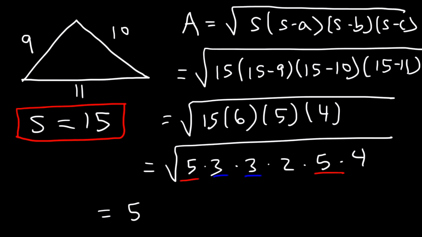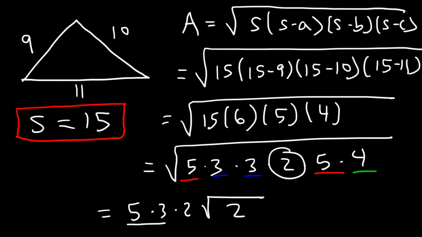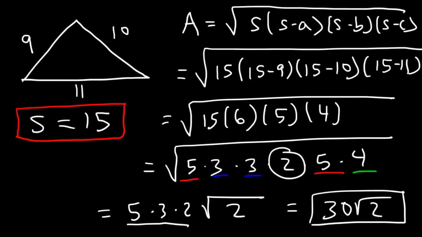These two can come out as a single 3. And the square root of 4 is 2, so that comes out as a 2. So we're left with a 2 inside. 5 times 3 is 15, and 15 times 2 is 30. So the final answer is 30 square root 2. So that's the area of the triangle using Heron's formula.